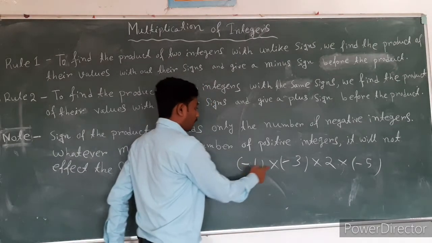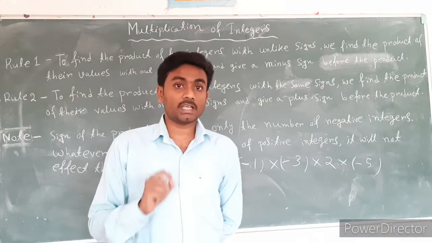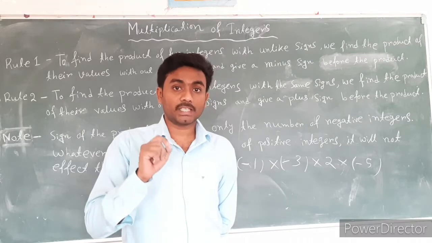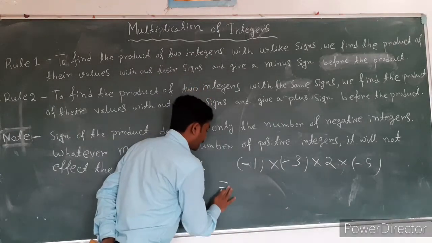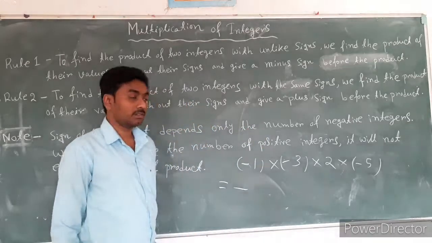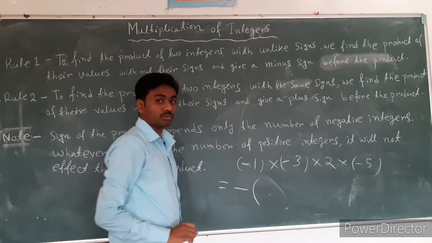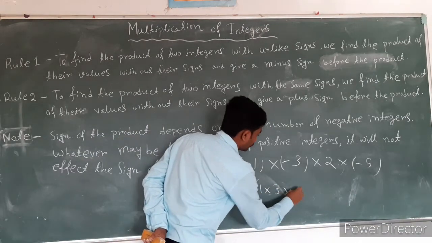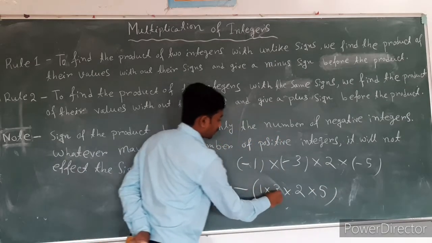Here 1, 2, 3. There are 3 negative integers, and 3 is odd. If the number of negative integers is odd, then we take a negative sign. And next multiply all the values excluding their sign. That is 1 into 3 into 2 into 5 is equal to 30.